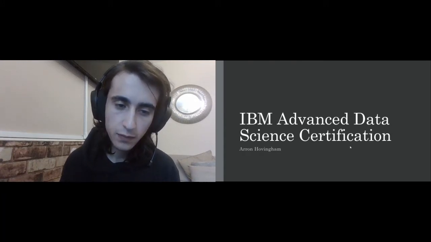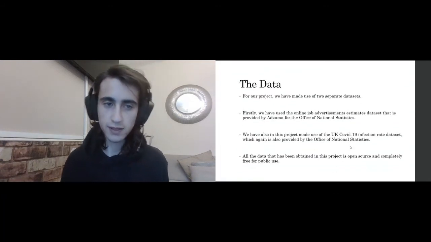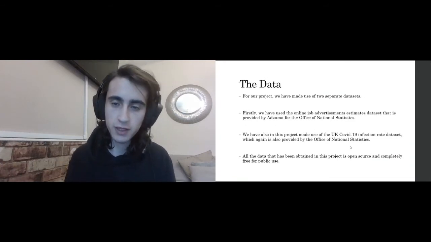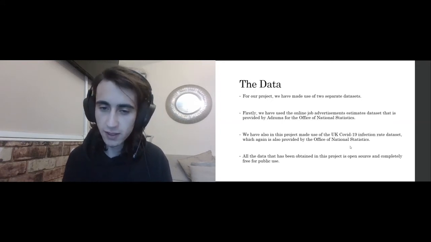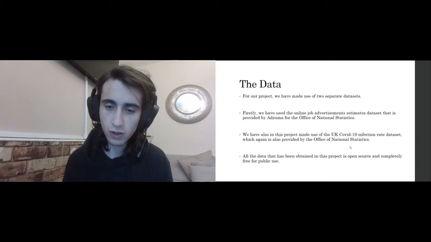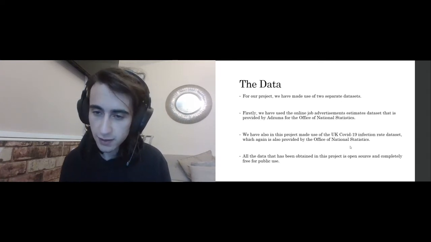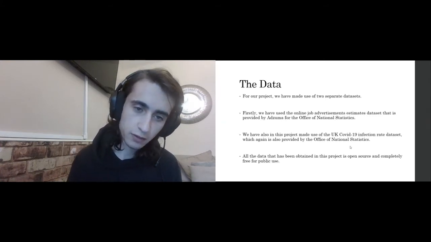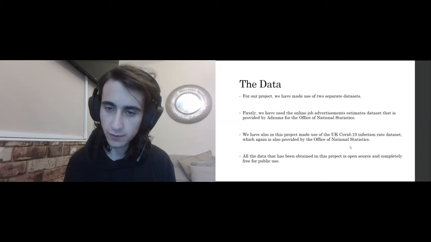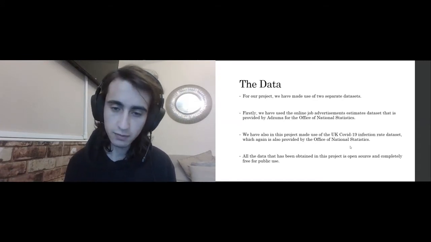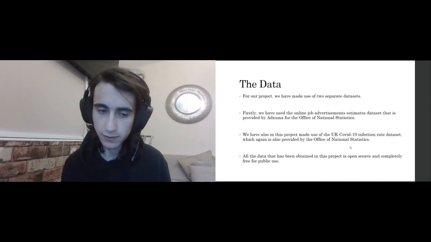So to start with, let's talk about the data. For our project, we made use of two separate data sets. Both of them we got from the website of the Office of National Statistics. One of them was on the number of daily coronavirus cases in the UK, and the other one was about the weekly number of job advertisements provided by Adzuna, but again for the Office of National Statistics.